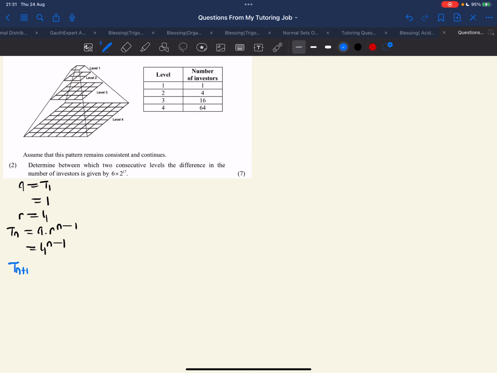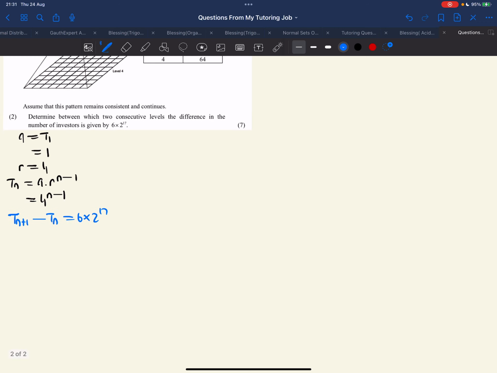But in terms of n, it means that t(n+1) minus tn should give us 6 times 2 to the power of 17. So if we had to find that number, it was going to be between n and n plus 1.